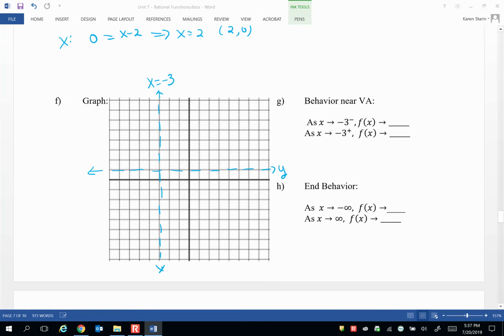So we have 4 sections of the graph here. I have a little bit more information. I have a y-intercept of (0, -2/3), maybe about there. And I have an x-intercept of (2, 0), so I'll jot that down too.